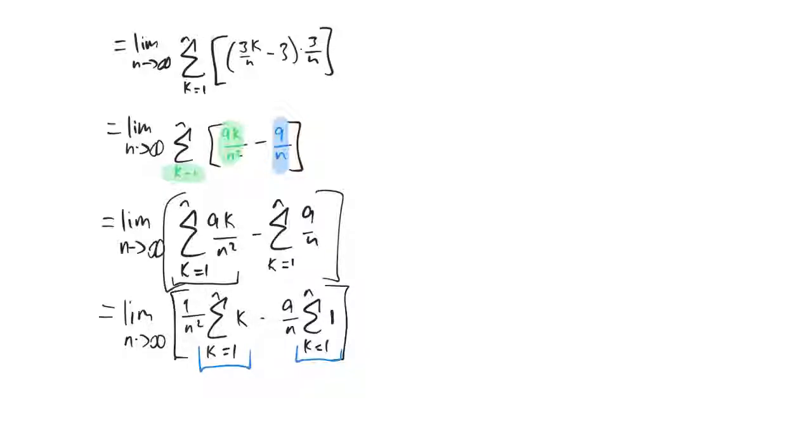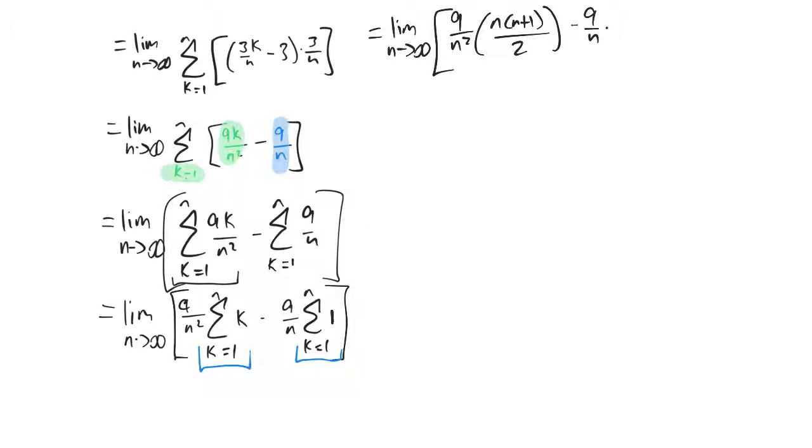So if we make those substitutions, this becomes the limit as n goes to infinity of 9 over n squared times n times n plus 1 over 2, minus 9 over n times n.